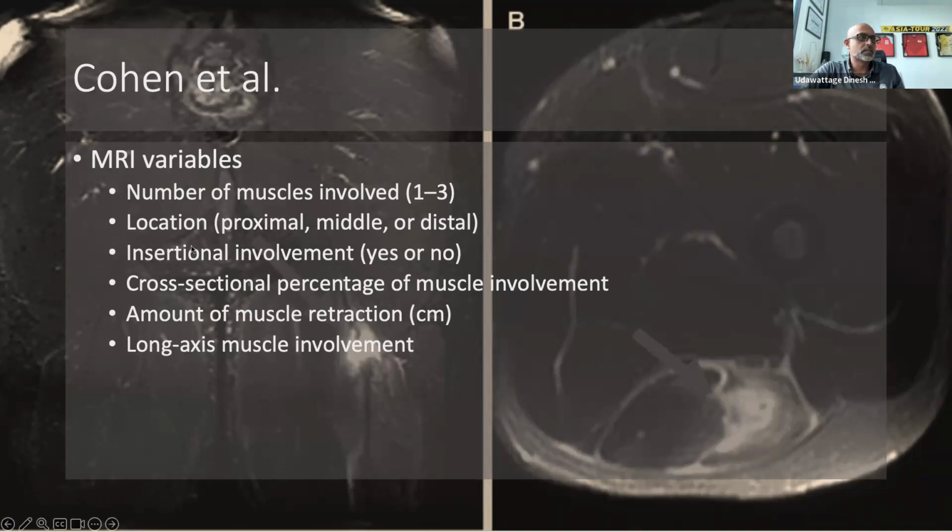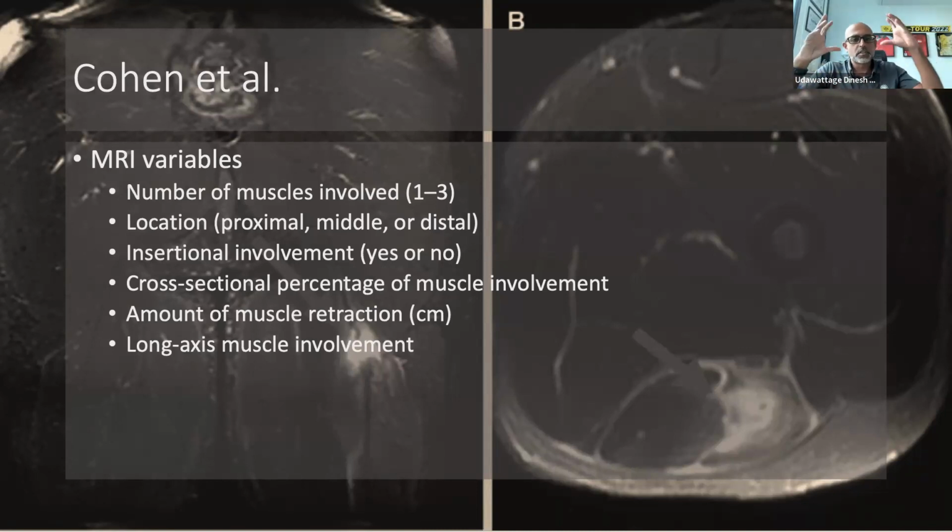In addition to variables such as the number of muscles involved, the location, whether there was an insertion involvement, the cross-sectional area, the retraction, and the long axis involvement, they looked at how long the player was out, what position they played, what playing time, and so on.